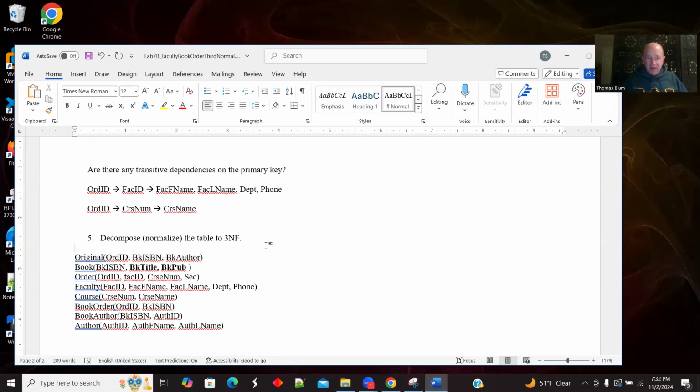I had that a book was in an order and that it was many to many, so I needed a bridge table. And then there was a relationship between the book and the author, also many to many. A book may have many authors, and an author may write many books.